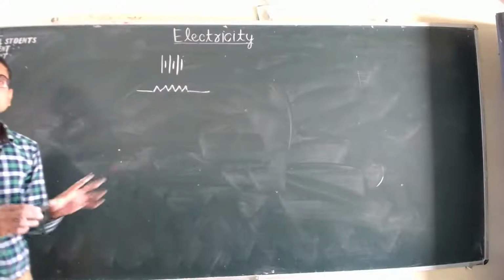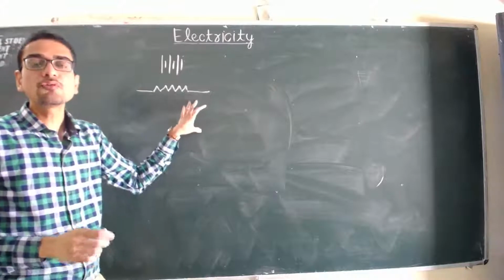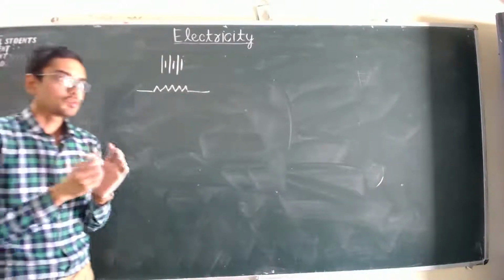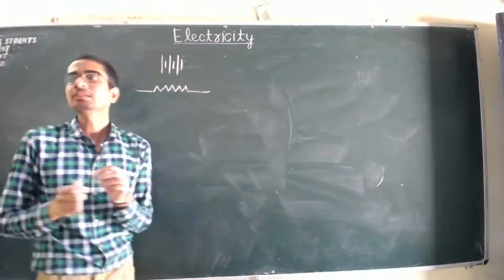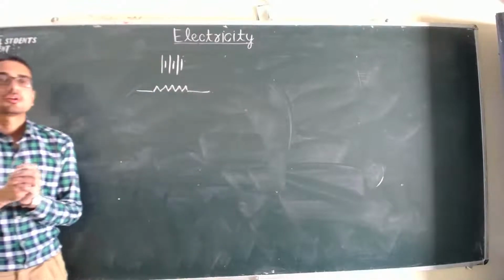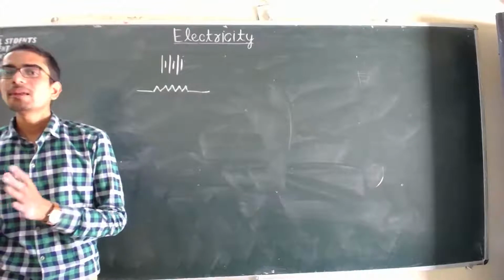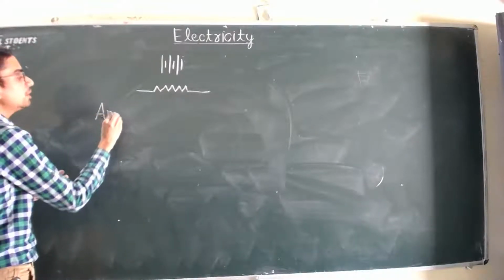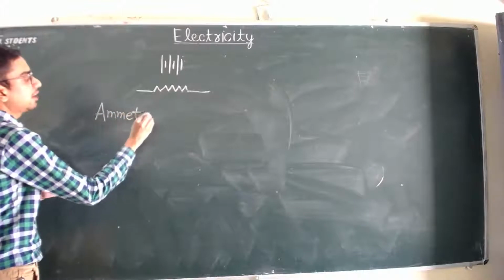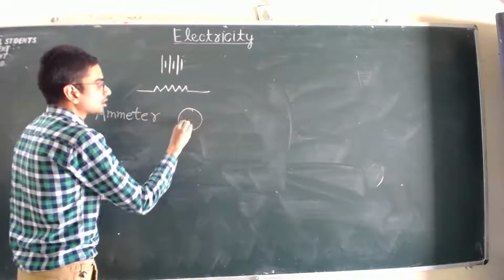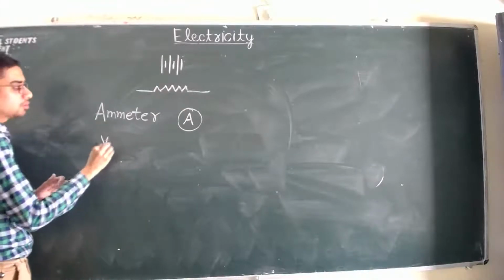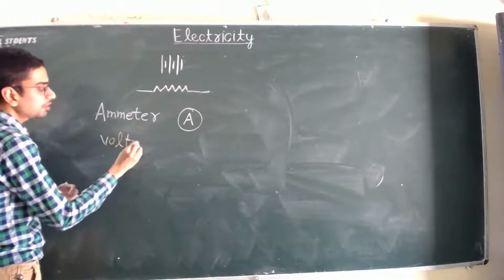There are some instruments in the circuit which measure the value of current and the value of potential difference. So what is the device that measures the value of current? कौन सा डिवाइस करंट की वैल्यू को बताता है? That is known as ammeter, and its symbol is a circled A. Which device measures potential difference?